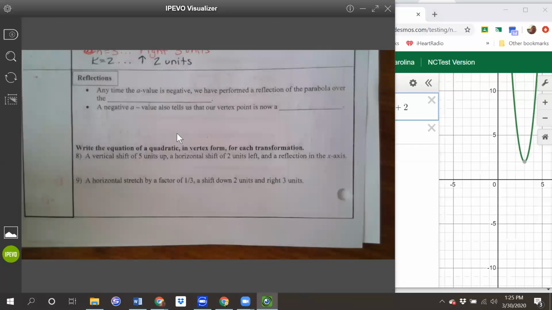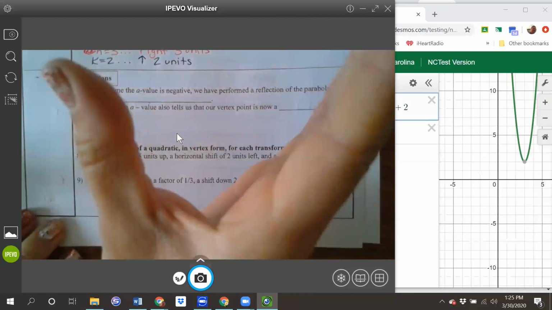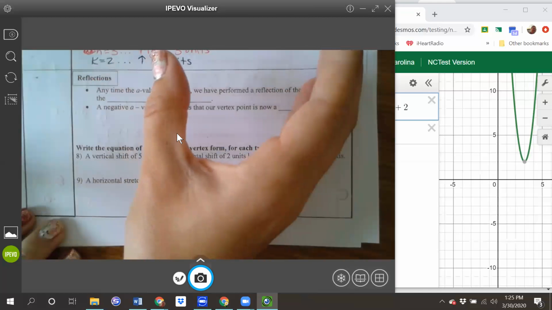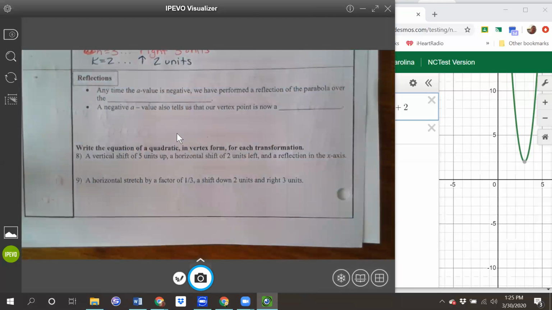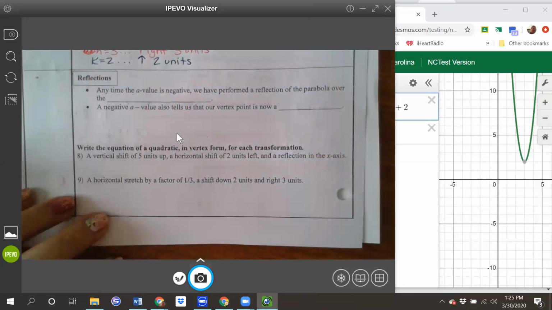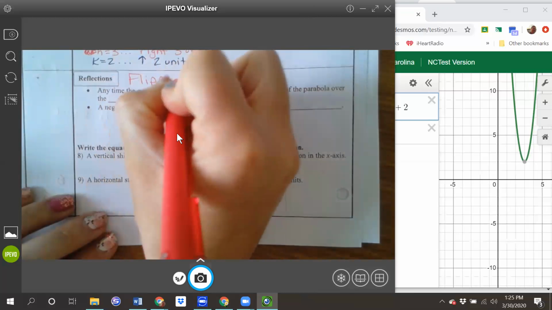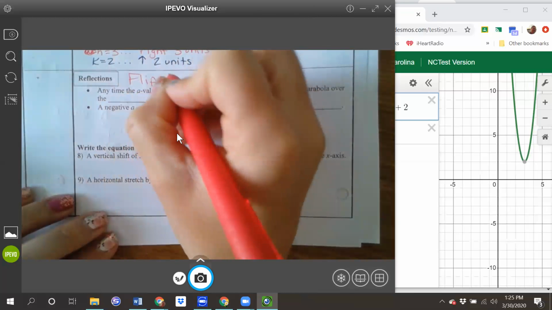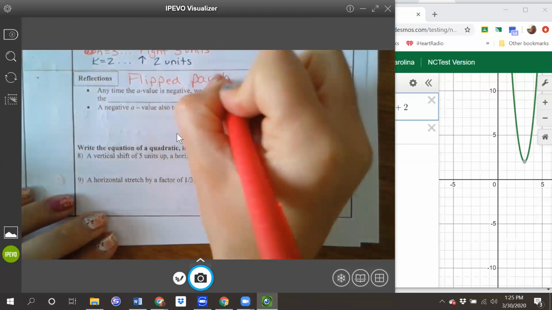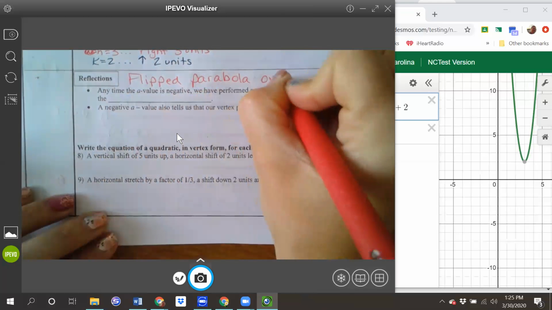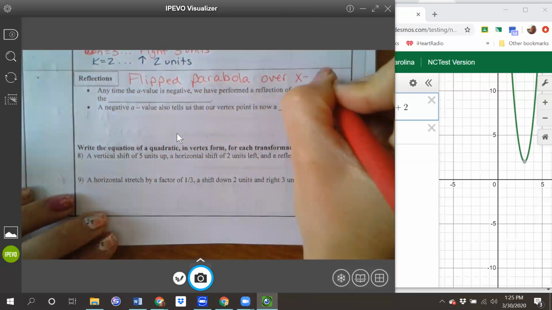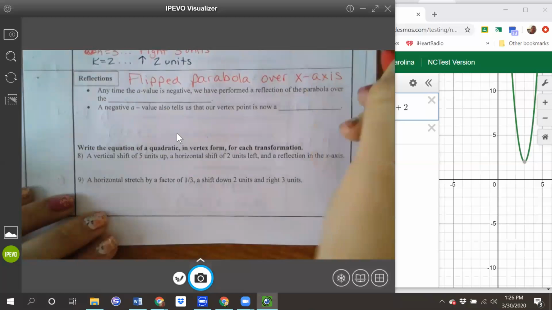All right, the last that we need to talk about is the thing that we already know. We already know about reflections. The reflection of a smile as it gets flipped over is just a frown. So a reflection means that we have flipped the parabola over the x-axis.